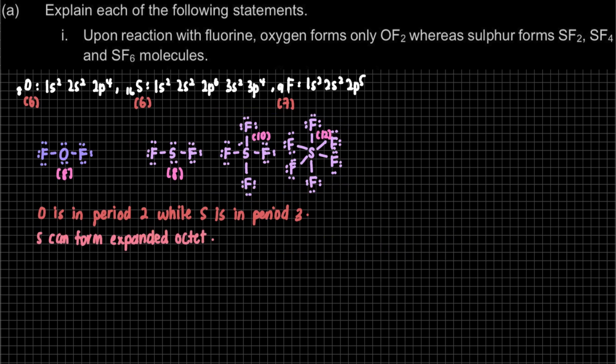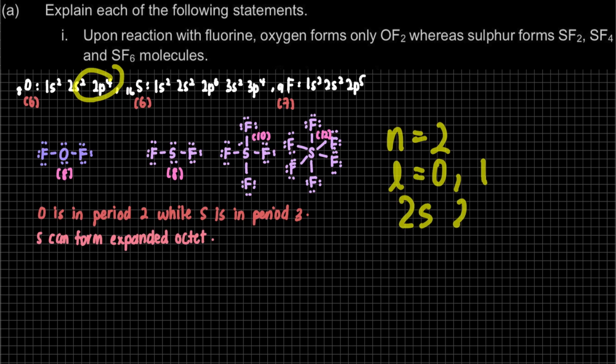Why sulfur can form expanded octet goes back to the period, or the n. For oxygen, n is equal to 2. For n equal to 2, l could only be 0 or 1, so we only have 2s and 2p. But for sulfur, n is equal to 3.